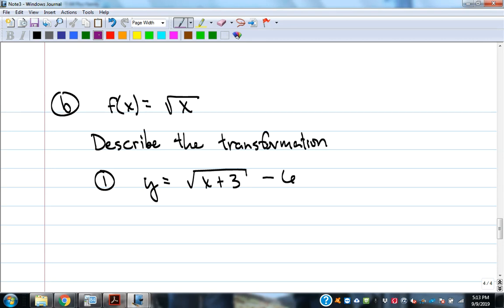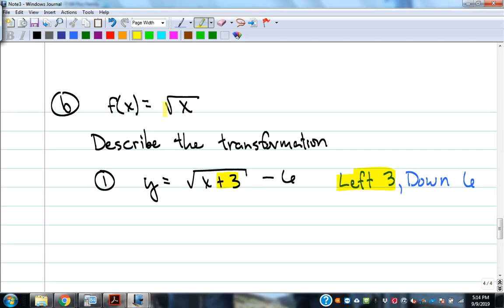So what does the plus 3 on the inside do? Good job. What's the -6 on the outside do? Good job. So the plus 3 is going to, I'm going to highlight here to help us tie that together.